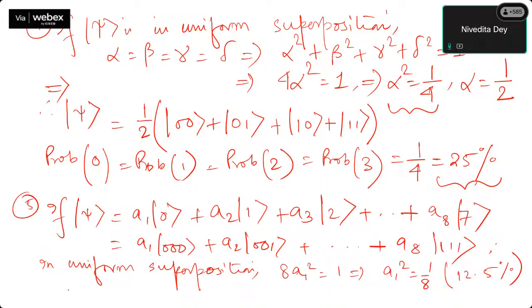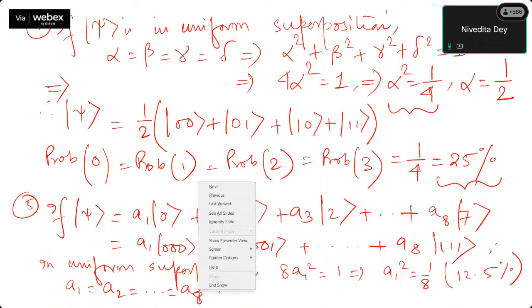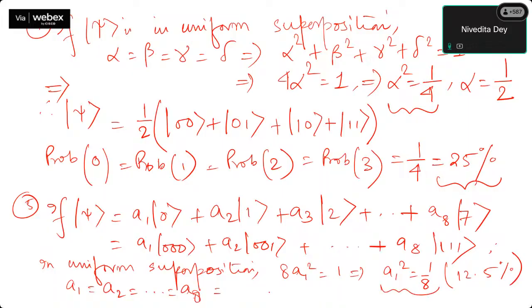And A1 is equal to A2 is equal to till A8 will be exactly 1 by, this is the probability, right? So it will be 1 by root 8. Whatever be the value, that will be the value. Just take the square root of 8, then 1 by that, whatever value we get.